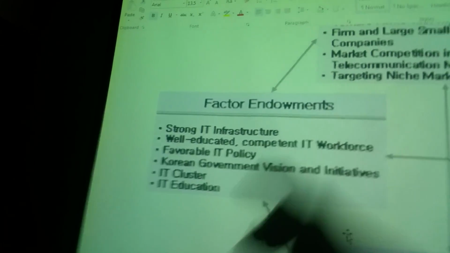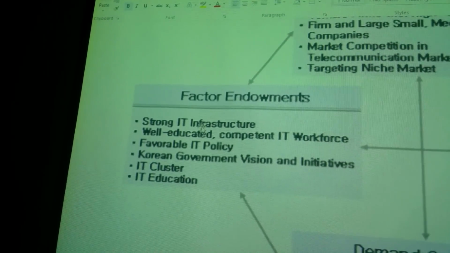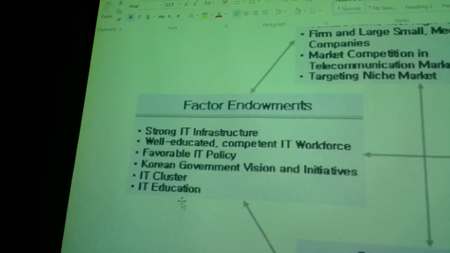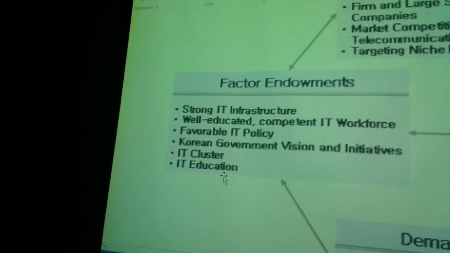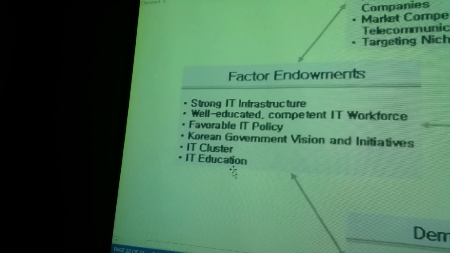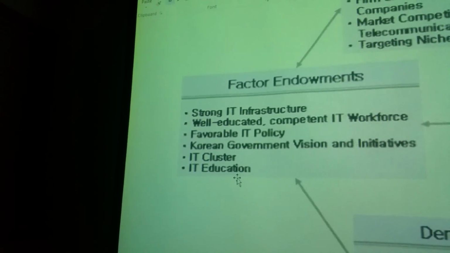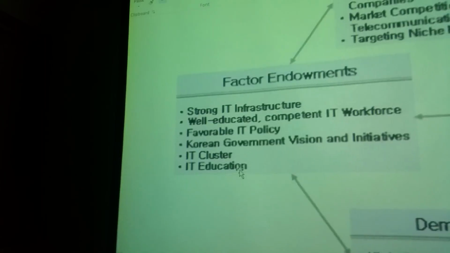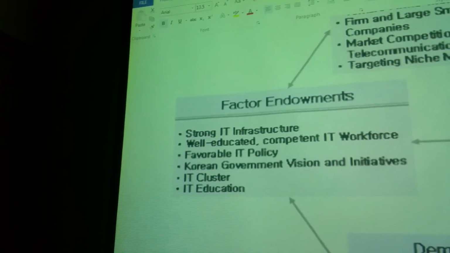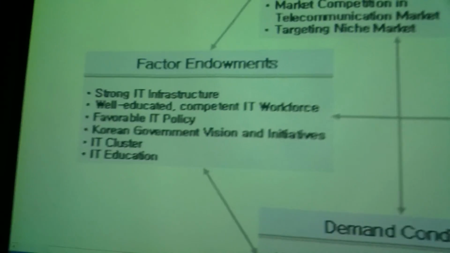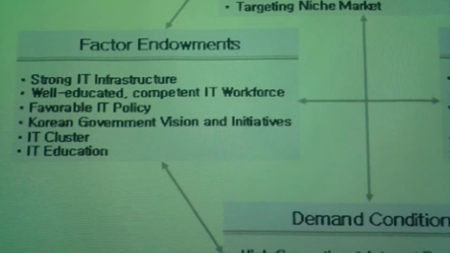So strong IT infrastructure, they have that, a well-educated workforce, and they keep on furthering their education. Or is that IT education meaning educating new consumers on products and services that they may not ever use?